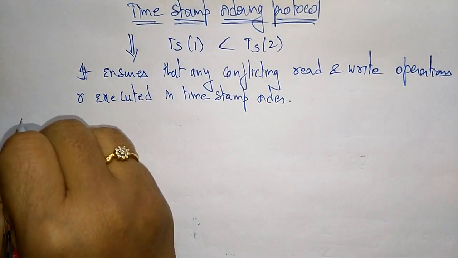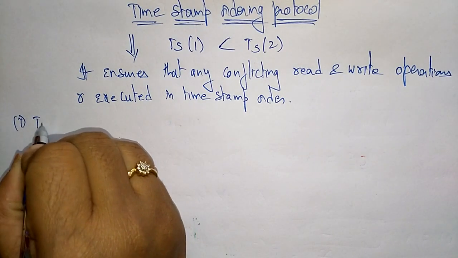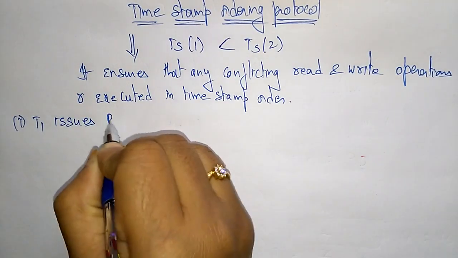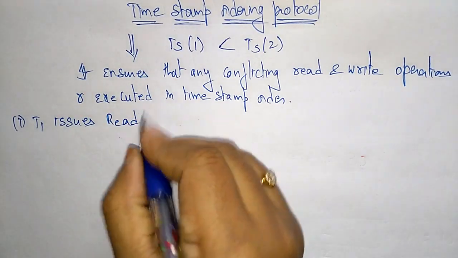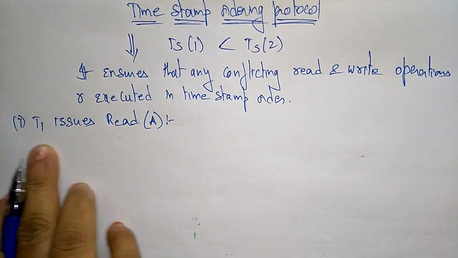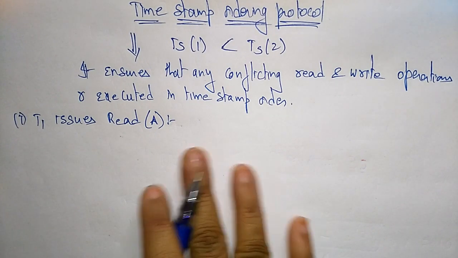So let us see the issues that occur in timestamp ordering. First is when Ti issues read A. Take any data item, read A. Whenever read A is executing, what are the issues that occur?